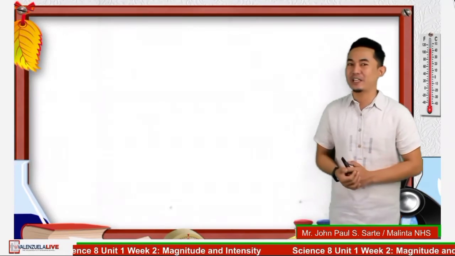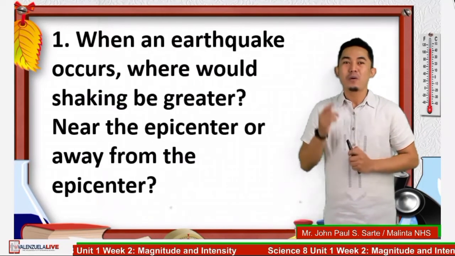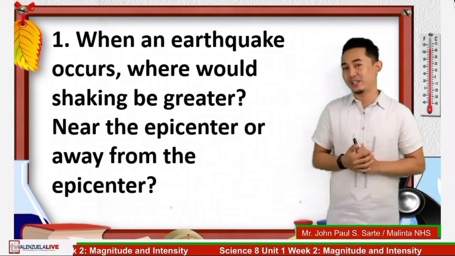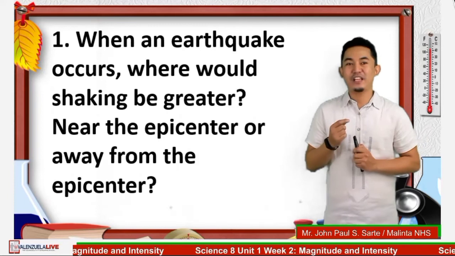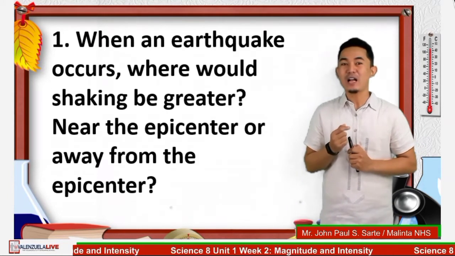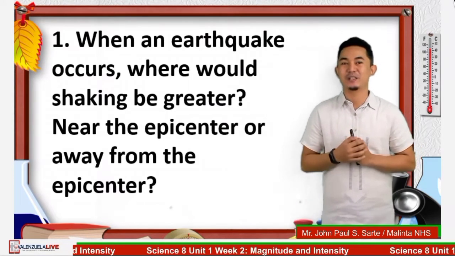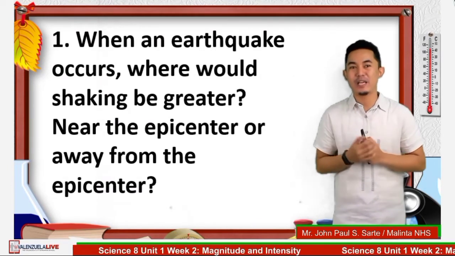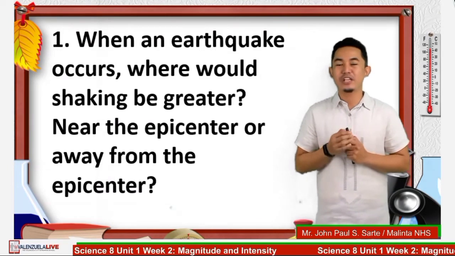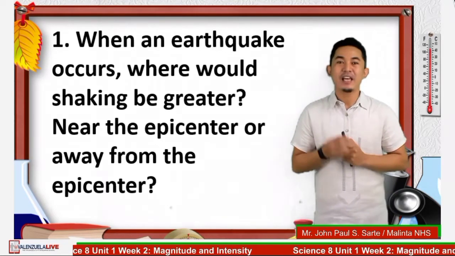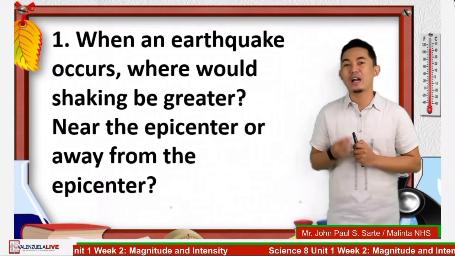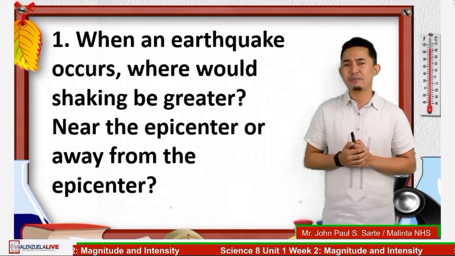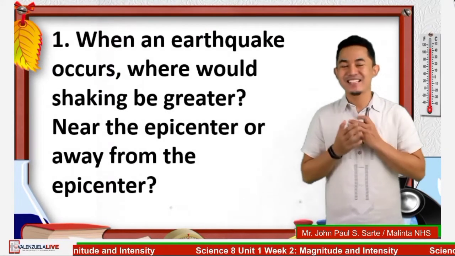So let's start with number 1. When an earthquake occurs, where would shaking be greater? Near the epicenter or away from the epicenter? Type now your answer in the comment section.